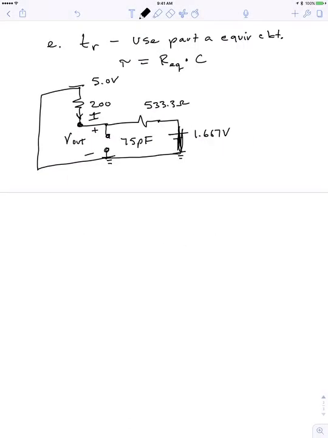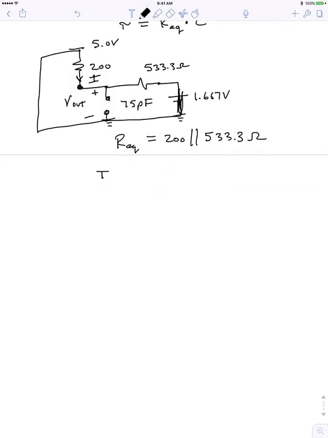Okay, that equivalent resistance is 200 in parallel with 533.3 ohms. So you do that calculation and you get the time constant tau is equal to R equivalent times C, and when I plug it all in, I get 10.91 nanoseconds for the rise time.